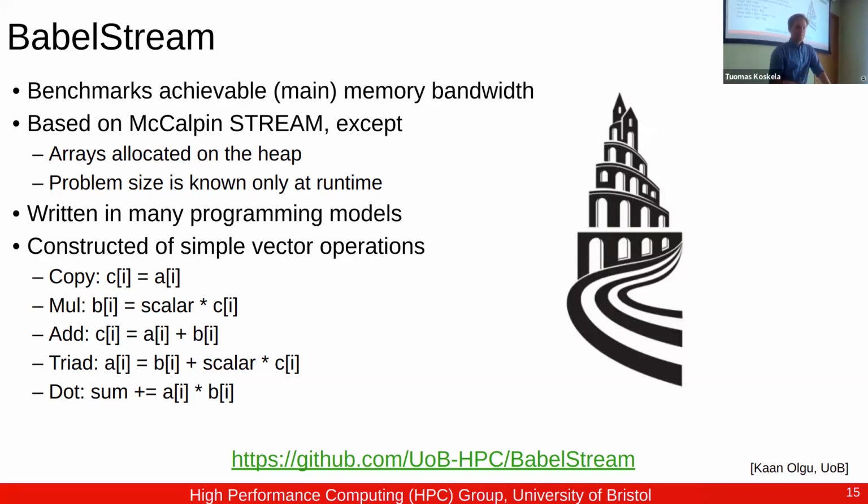What's special about BabelStream, like I said, is that it's written in most conceivable parallel programming models, and you can compile it with a lot of different compilers. So it's nice for testing programming paradigms.